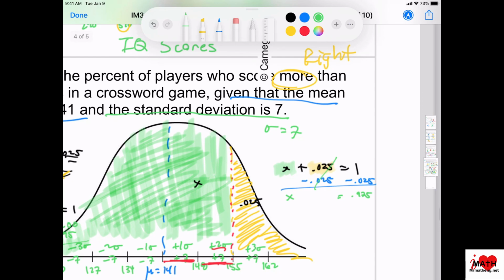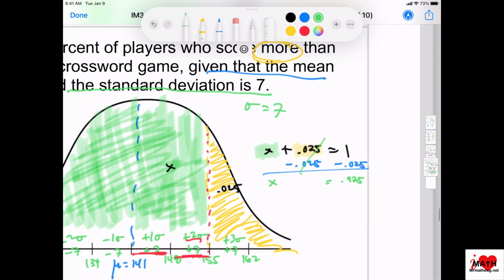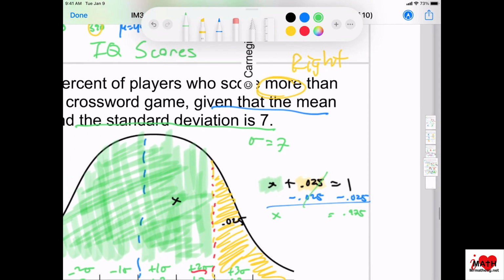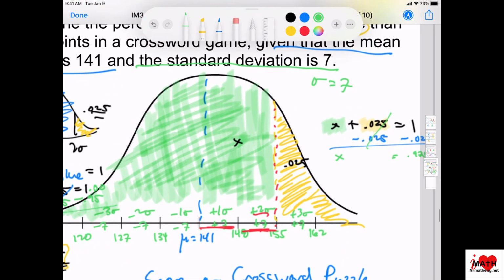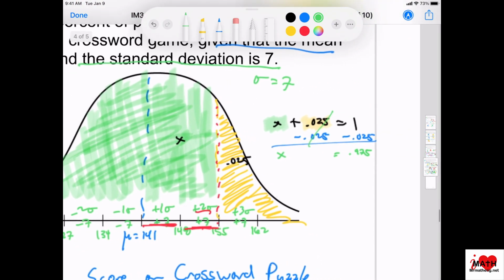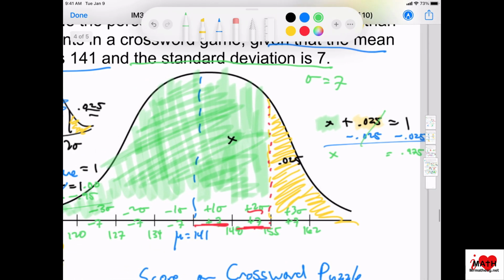Nope, I was wrong. I reread the problem. This is great that I made a mistake. I didn't do this on purpose. I just realized it. It says more means towards the right. And which one's bigger, green or yellow? It's the green region, but how can you have 0.975? So that's all I wanted to know.